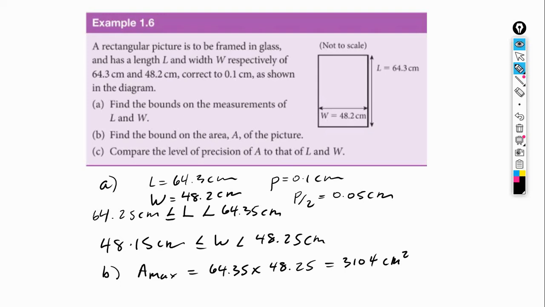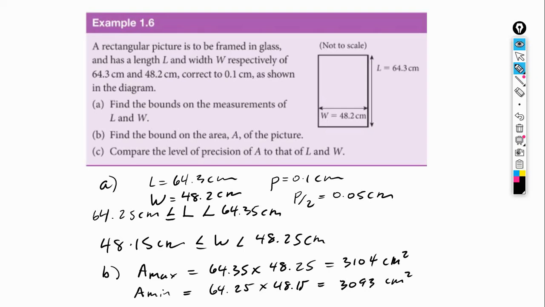So that's going to be the upper bound, right? The maximum. And the minimum area would then be the result of multiplying the minimum measurements. So that would be 64.25 times 48.15, and this equals 3,093 centimeters squared.